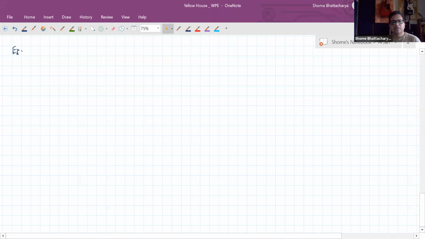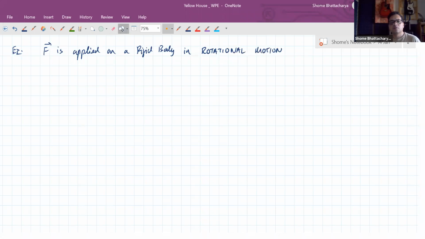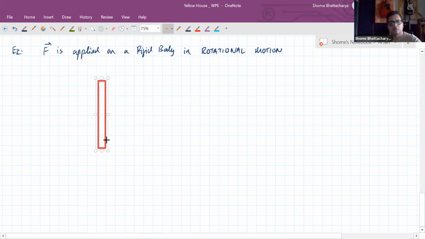So next, let's look at an example where F is applied on a rigid body in rotational motion. Instead of translational motion, it is in rotational motion. So for that, I'll take a simple example of a situation like this, that we have a rod.